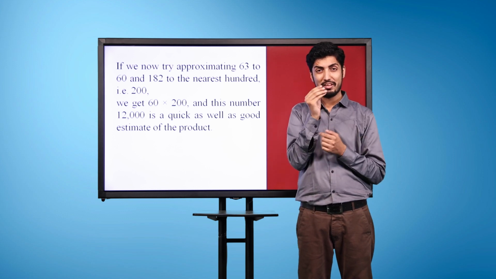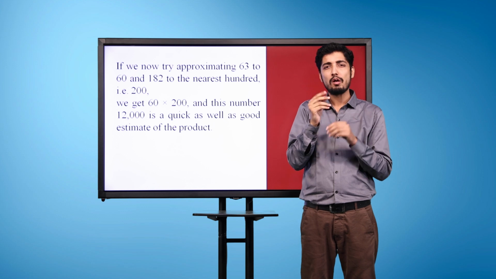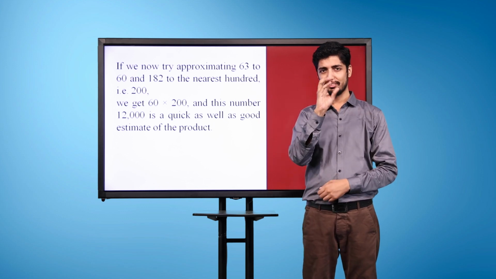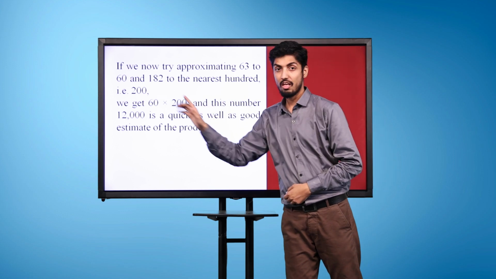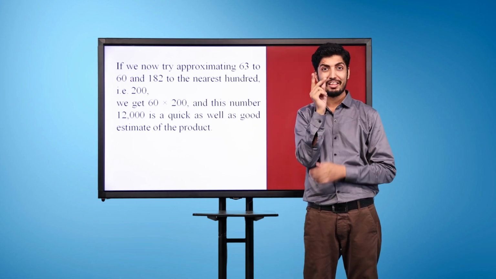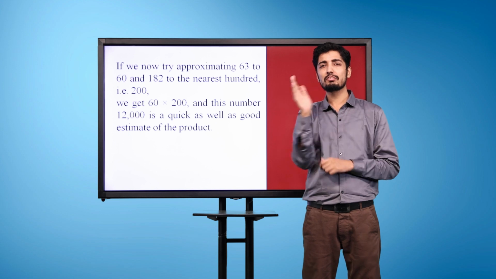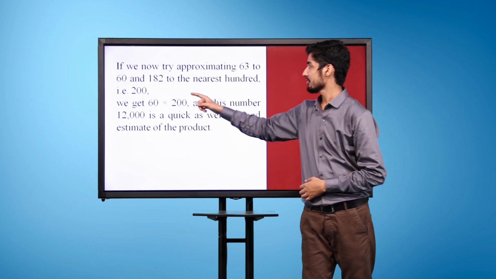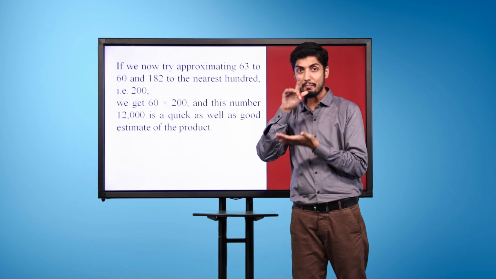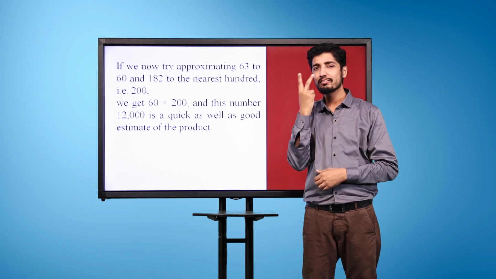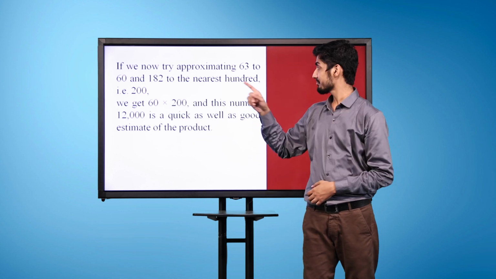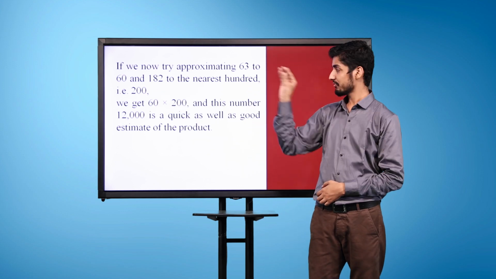If we now try approximating 63 to 60 and 182 to the nearest hundred, that is 200, we get 60 into 200.